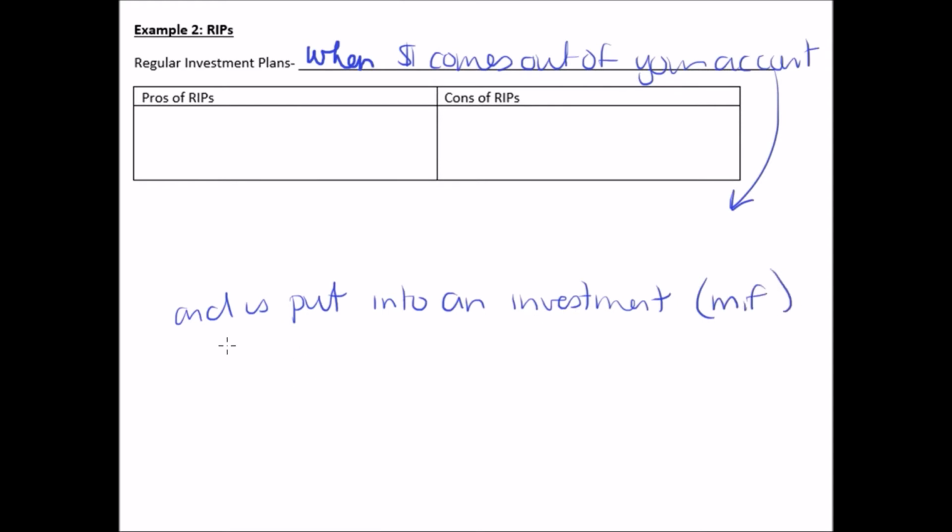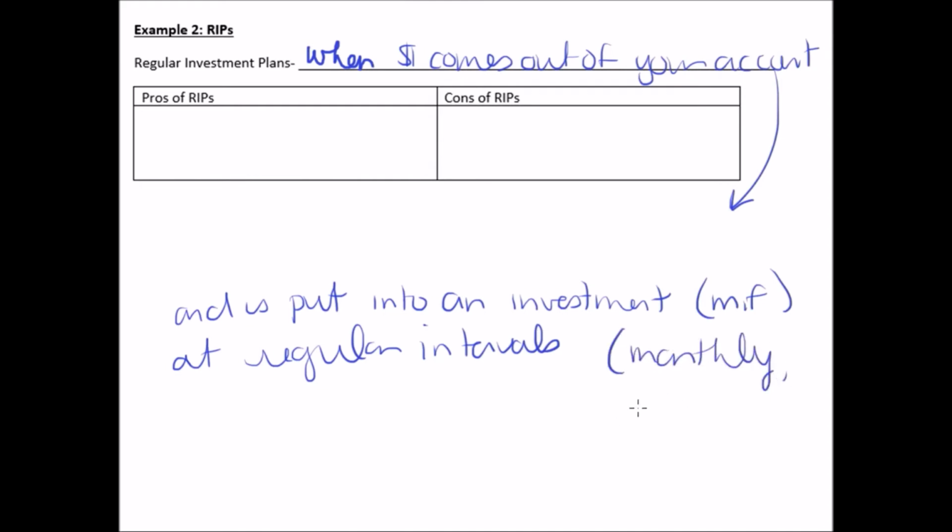Money is put into investment at regular intervals. For example, monthly or bi-weekly. A lot of people do this right when they get their paycheck. So if you get paid every other Tuesday, then every other Wednesday, maybe $50 will come out of your account and go into like a mutual fund.